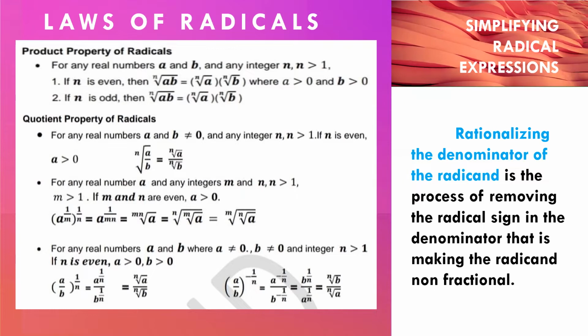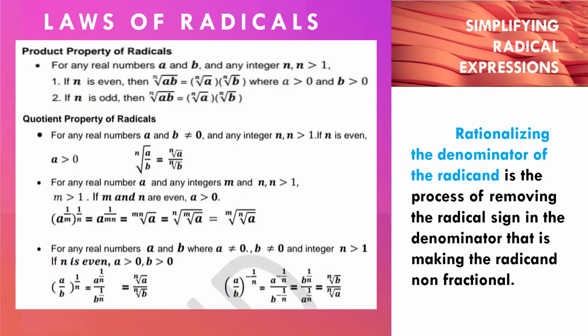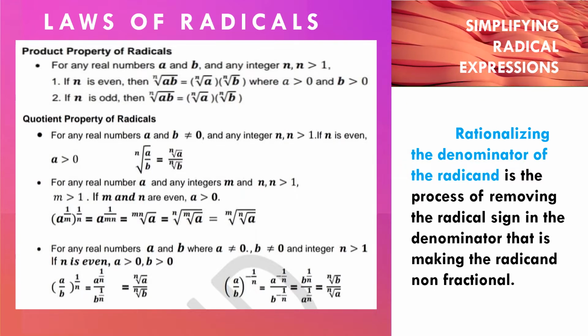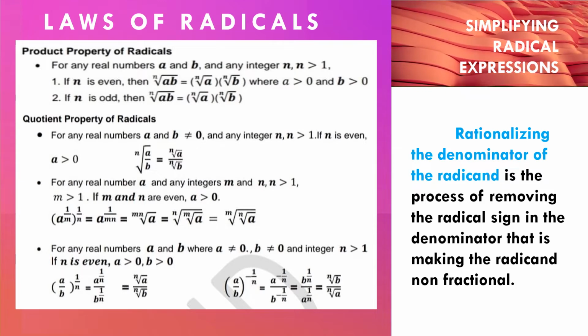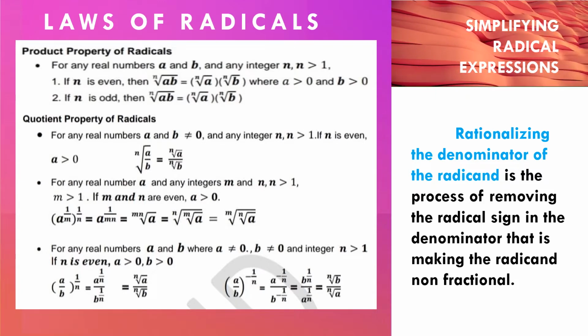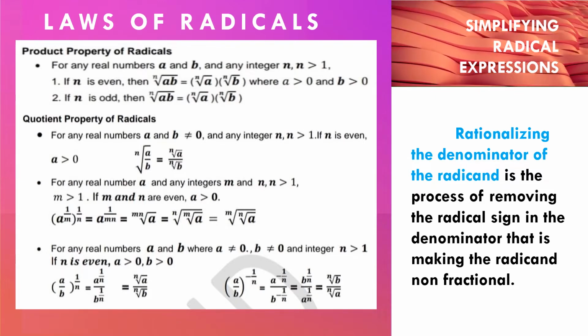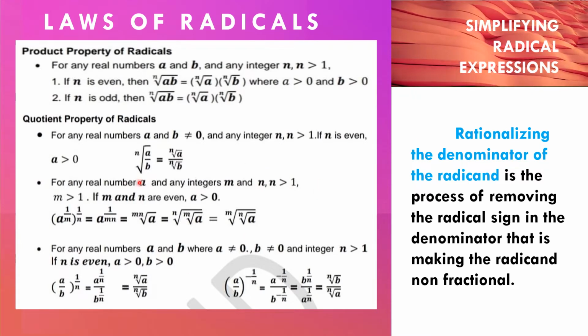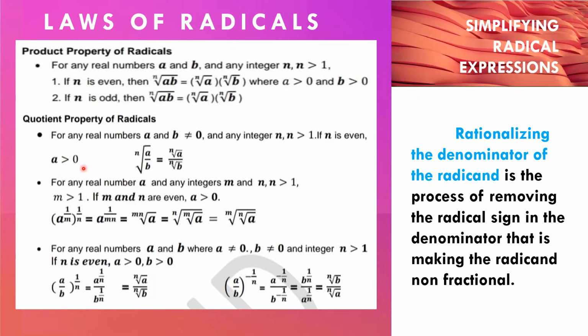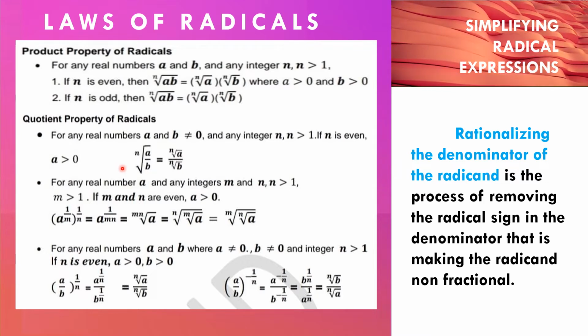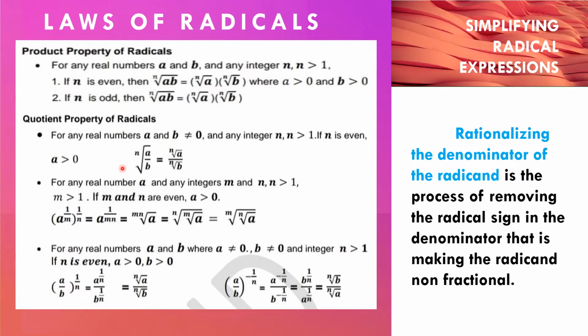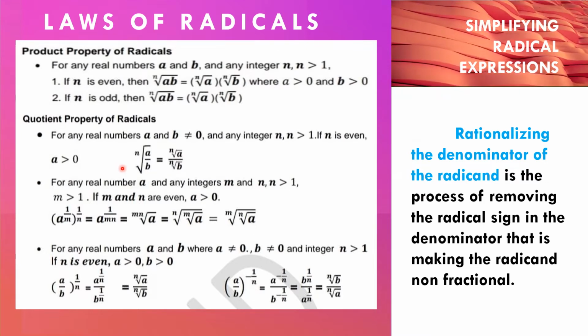The quotient property of radicals, for any real numbers a and b, where b is not equal to 0, and any integer n greater than 1, if n is even, a is greater than 0, so we have nth root of a over b is equal to nth root of a over nth root of b.